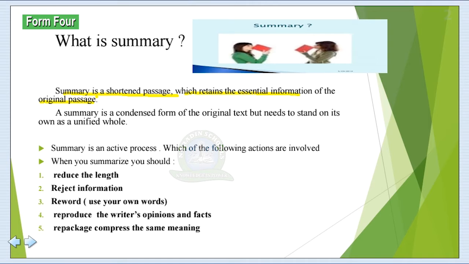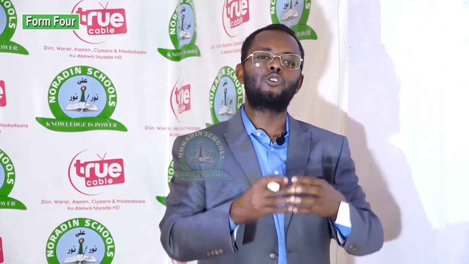So you need to take the essential information or the key points, not examples and other details. You don't need more details. So if the passage is 150 words, you need to summarize around 50 words.